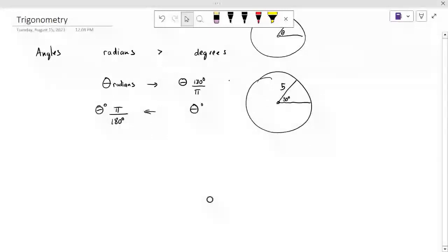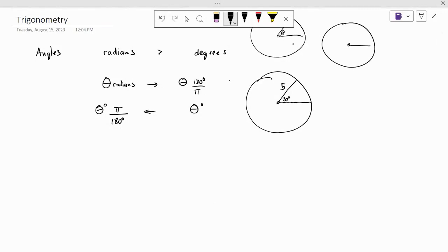Okay, so, all right, fine. Often we want to know what the length along the circumference is for that angle. You want to know that length. Okay. And so let's call that length S.